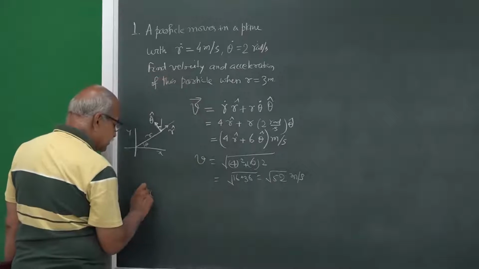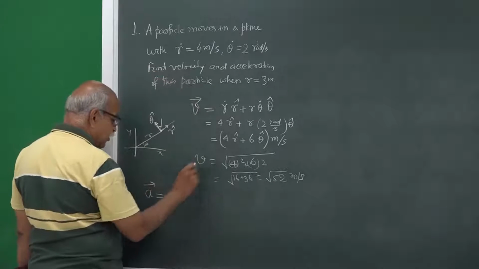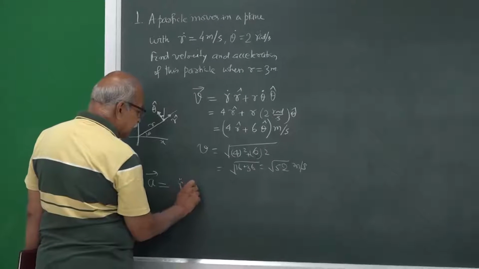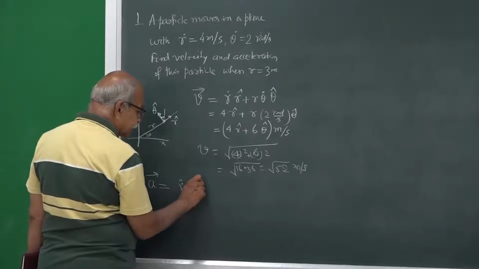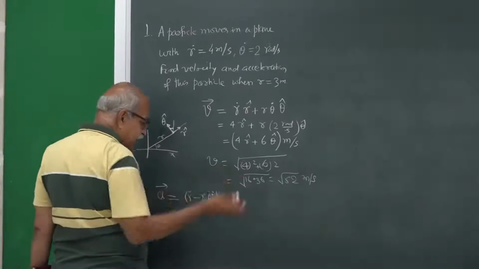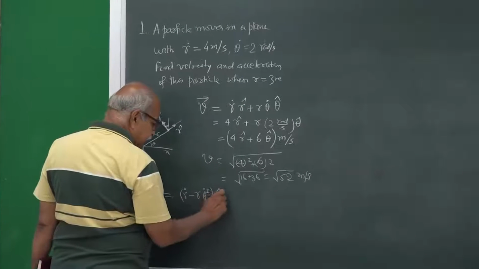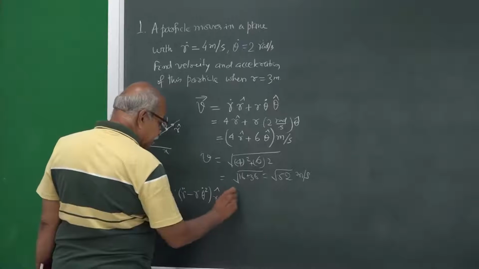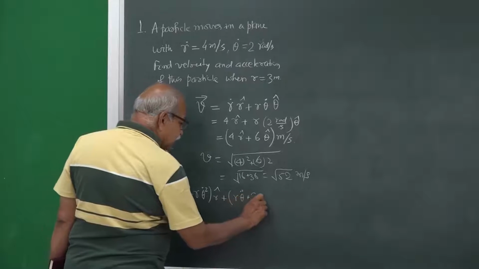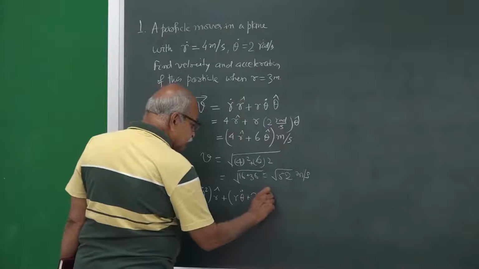Then the radial component of acceleration is r double dot minus r theta dot square, in the r cap direction. We must have derived this, otherwise you can derive it. And the transverse component is r theta double dot plus 2 times r dot theta dot.